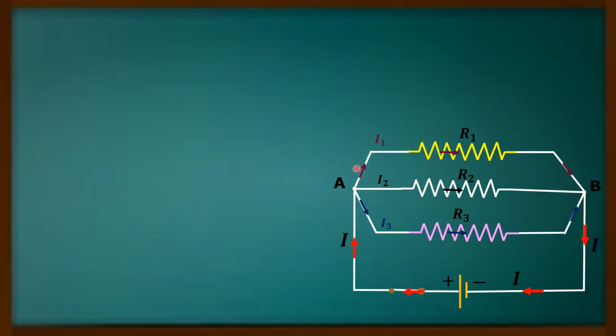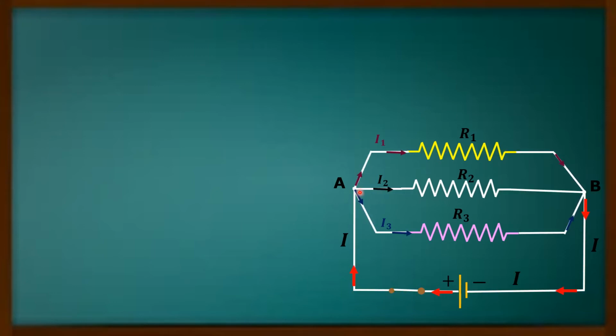Now I will add these three currents, I1, I2 and I3. I1 is equal to V by R1 and I2 is equal to V by R2. Just now we have seen their values according to Ohm's law, isn't it? So I will sum up these three currents because the total current drawn from the battery is getting divided into three parts.